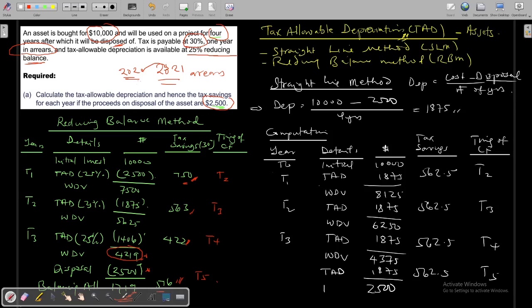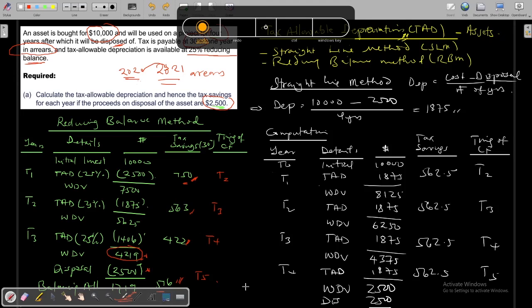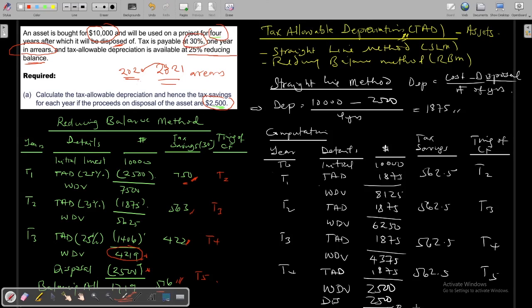Now in year 5, at the written down value of year 4, we dispose of the asset for 2,500, and we get 0. So we are not going to claim any tax allowance because we have a net of 0 for the asset.